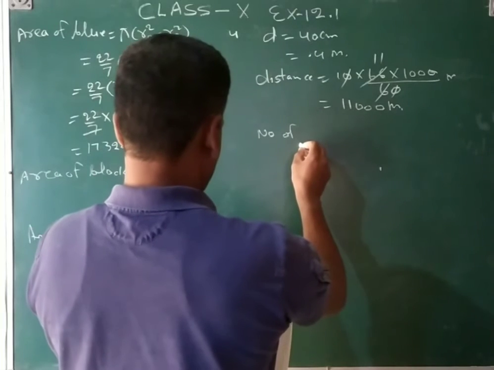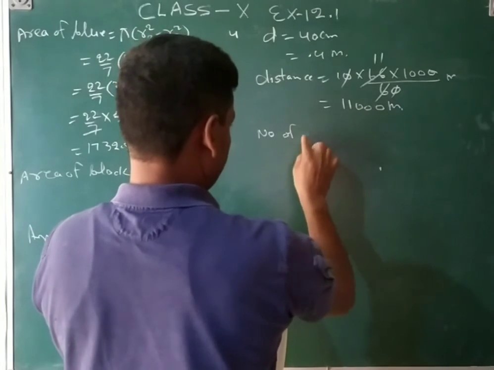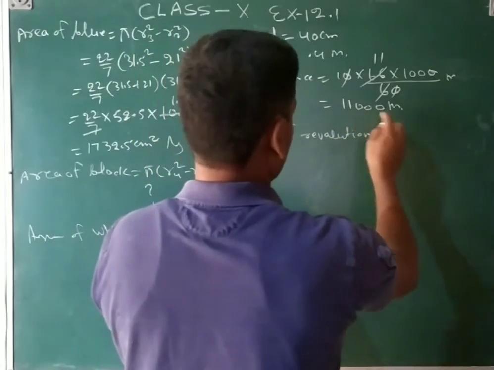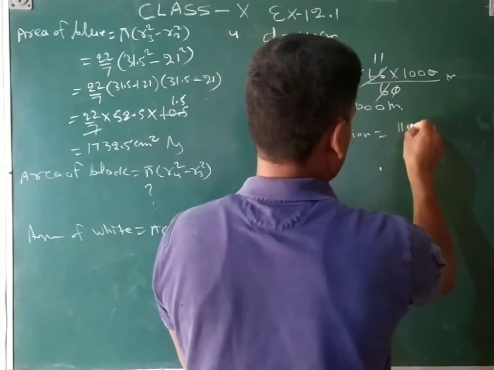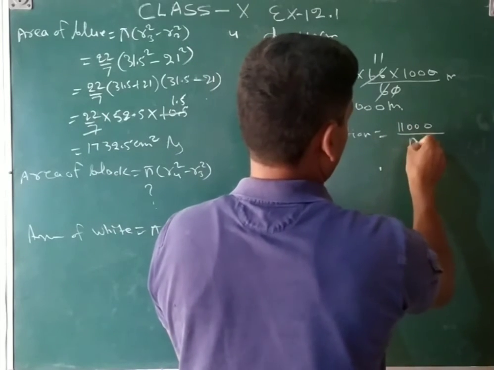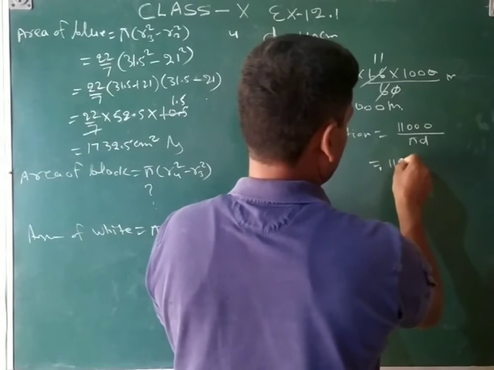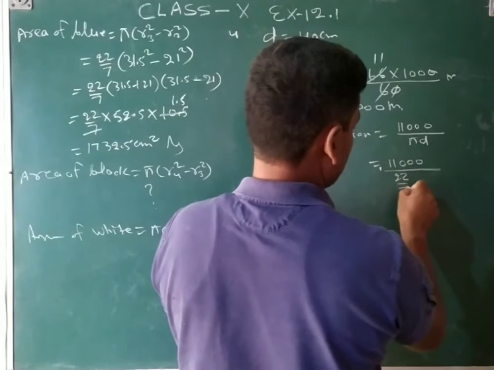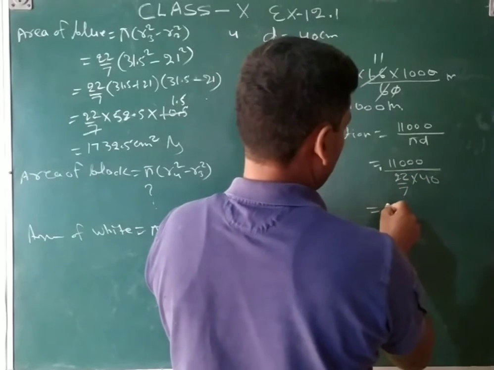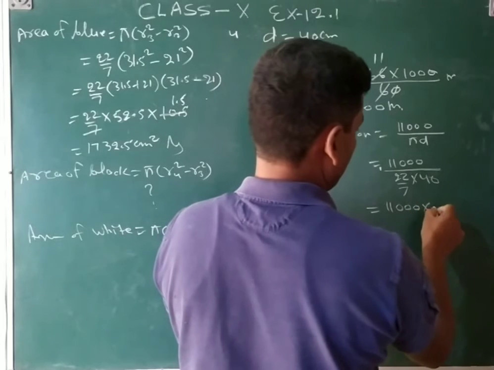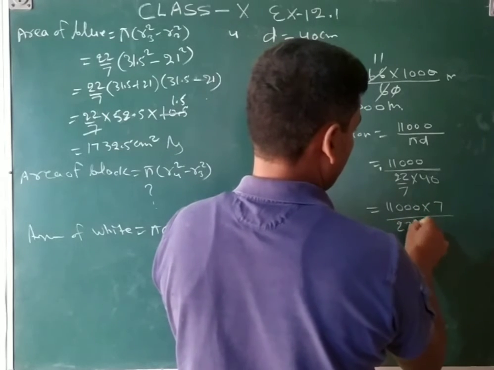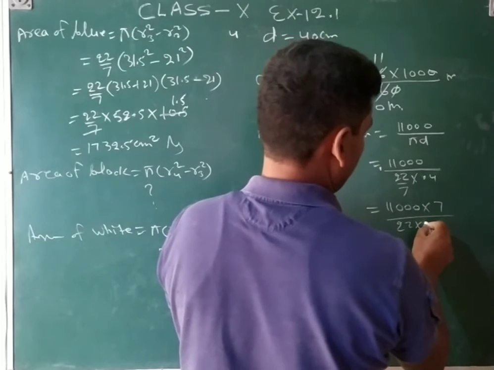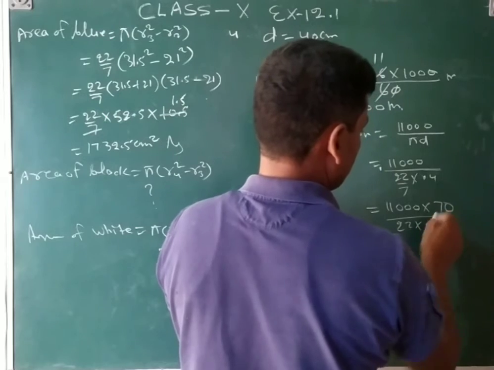Yes, number of revolution is equal to distance upon perimeter, pi d, so that 11 upon pi d, pi value is 22 upon 7 into d is 40, so that 1100 multiply 7, 22, that is not 40, that is a decimal 4, by the decimal cancel, this is a 0.